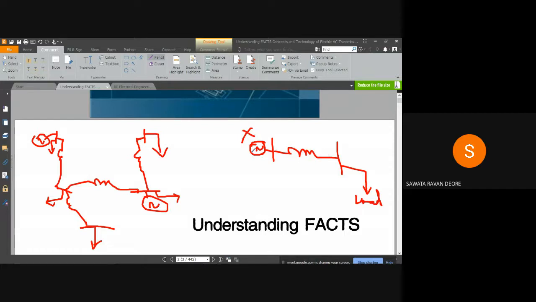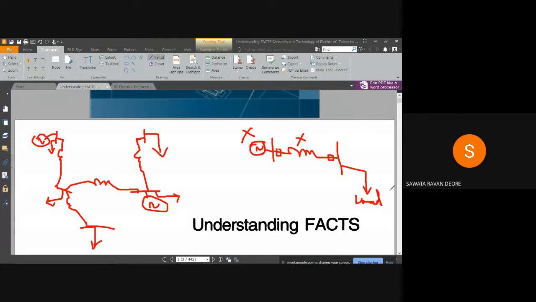Similarly, this generator is okay, but if the transmission line fails, meaning some sort of fault happens on that transmission line, the circuit breakers at the end of this line will obviously disconnect it.